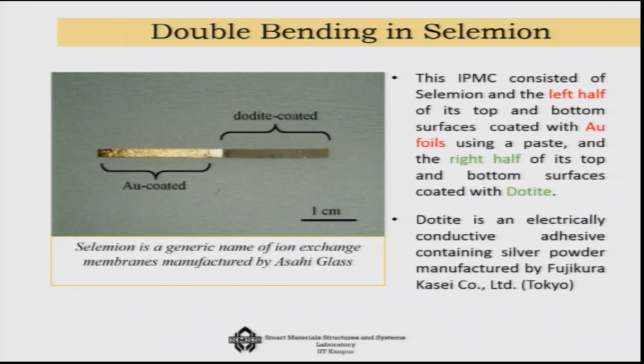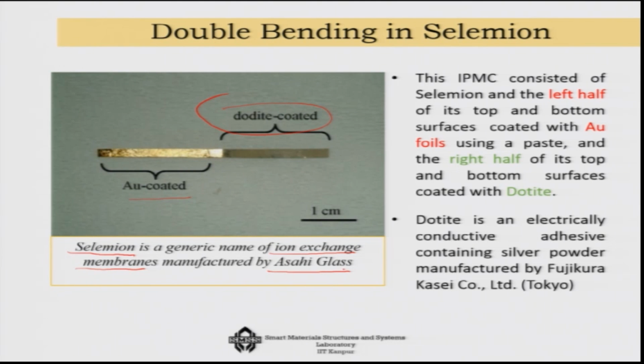Now, the way it is done is that suppose you put a gold coated part in one of the electrodes and the other part is rhodite coated. Okay. So, the material inside here is Selemion instead of Nafion. Selemion is an ion exchange membrane manufactured by Asahi Glass.